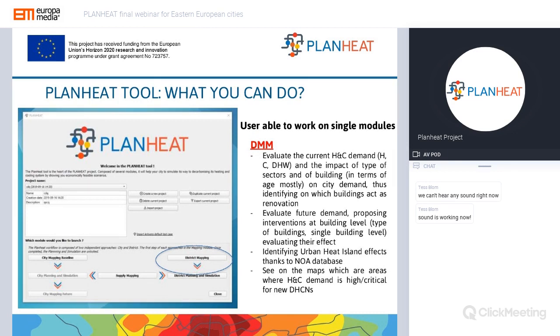So how can the user work on the single modules with the PLANHEAT tool? The end user is able to evaluate current heating and cooling demands for a specific district, which is drawn directly on the map, or for groups of buildings that can also be selected directly from the map.